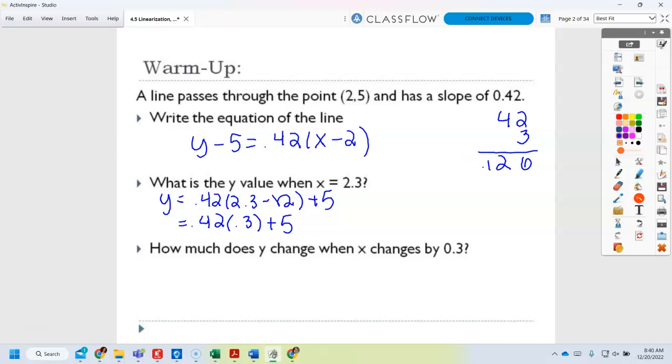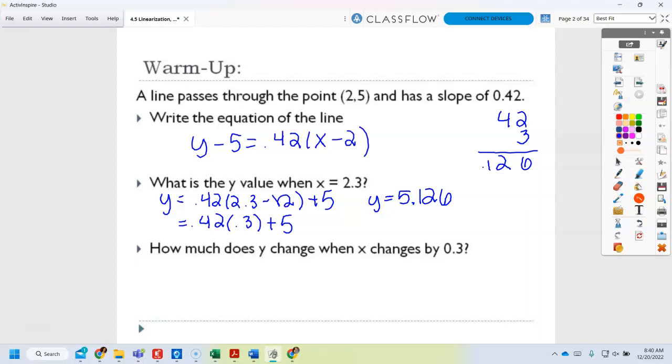And then you add that to 5 and you say, okay, well then y equals 5.126 when x is 2.3. And logically, that should make sense to you because if the original point was (2, 5) and now you're looking at the point x equals 2.3, then x went up to 2.3 and y went up to 5.126. So both x and y increased and they increased together.